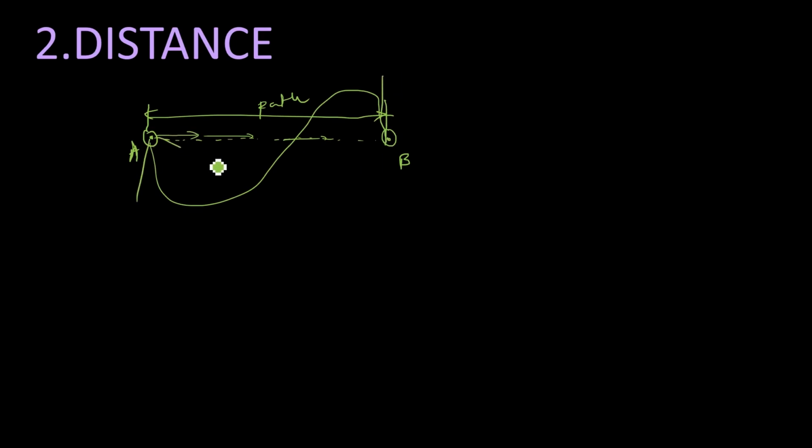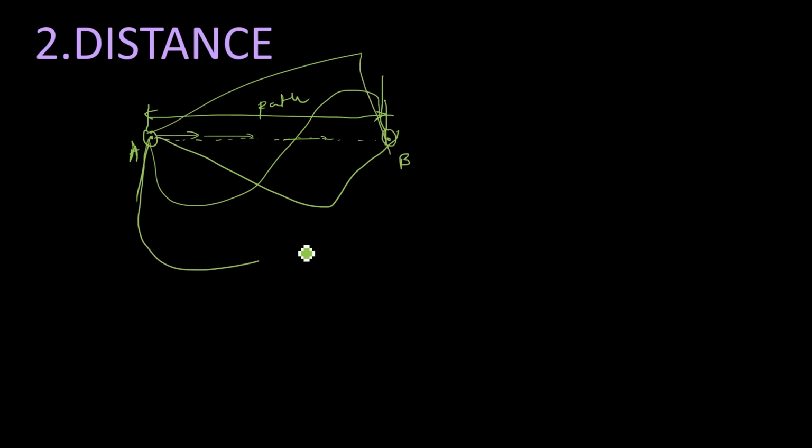The line joining all successive points, or the length of the path. I'm traveling in this path, or you can travel in another path, or any direction you can take.